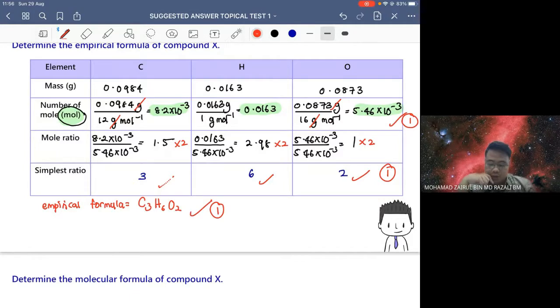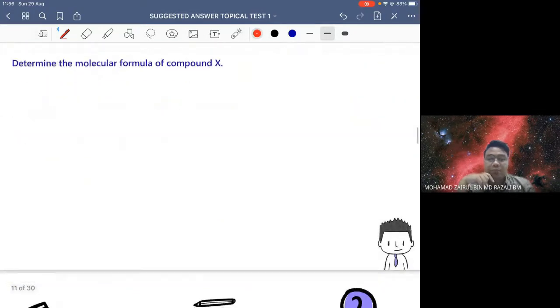Okay, so the next part of the question, determine the molecular formula of compound X. So in order to determine the molecular formula, you need to have the multiplication factor N first.